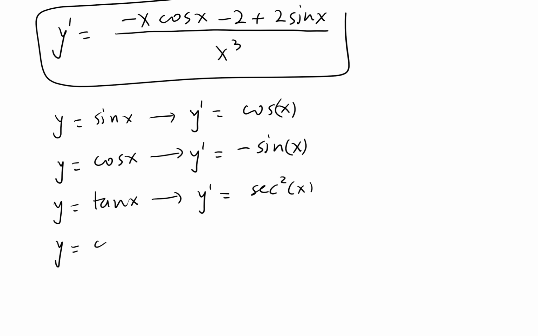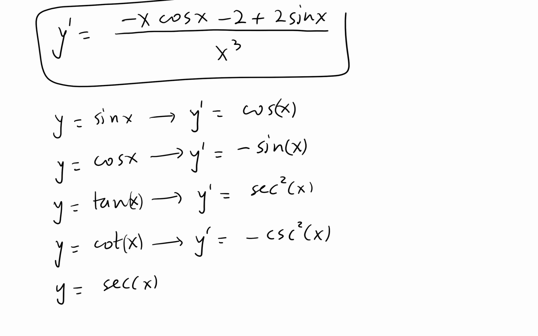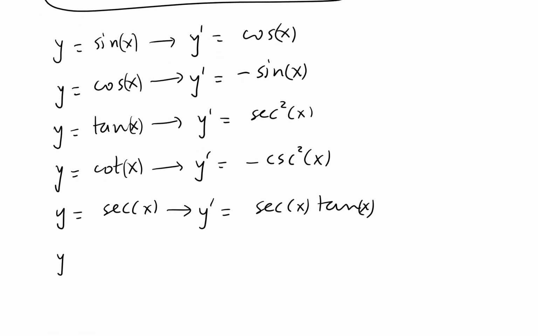How about cotangent? Y prime would be negative cosecant squared of x. How about secant? Secant of x, y prime is going to be secant tangent. And for cosecant, y prime is negative cosecant cotangent.